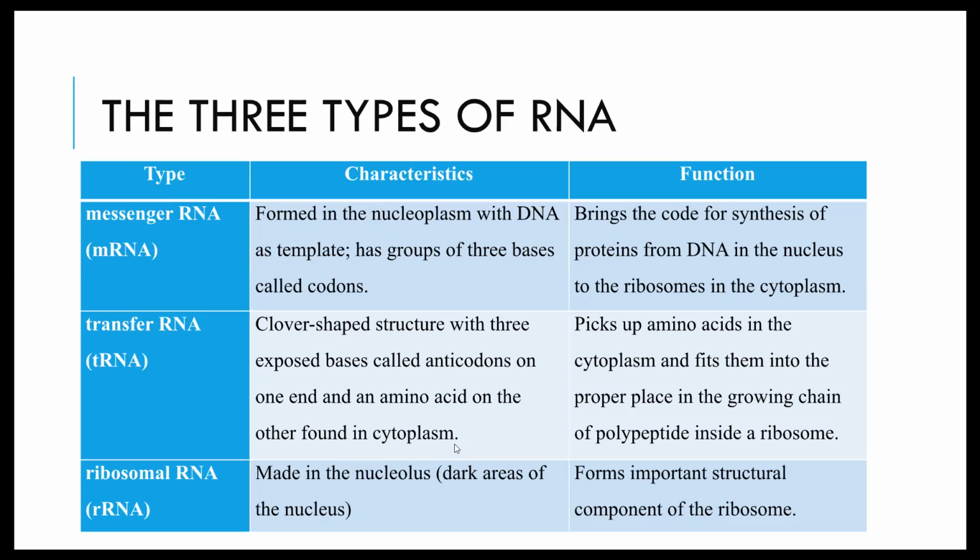Remember that the messenger RNA is scattered in the cytoplasm. Now, the transfer RNA actually connects with the messenger RNA to bring it over to the ribosomes. The polypeptide is inside the ribosomes.